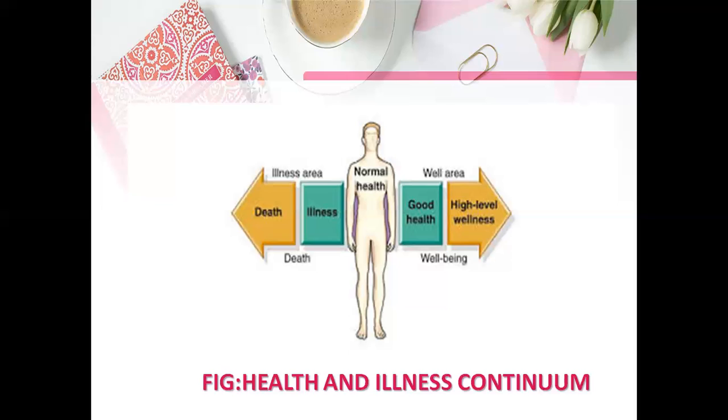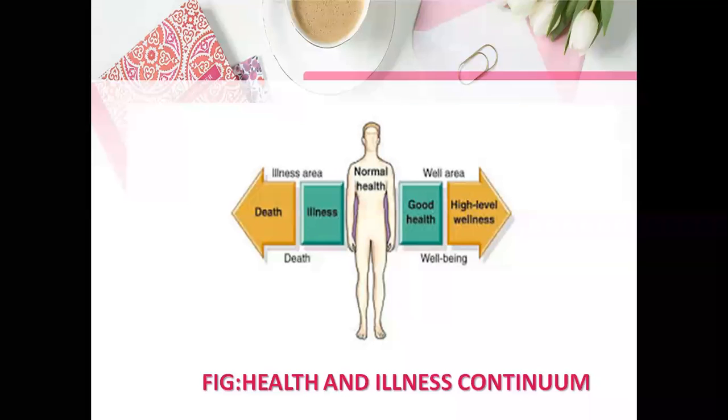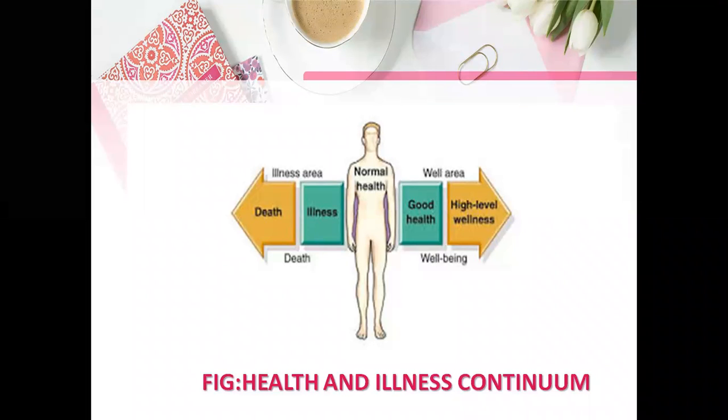So at one point of time we might be healthy, and at another point we might be ill. This is the health illness continuum, and the middle one is the normal health, which each individual should have.